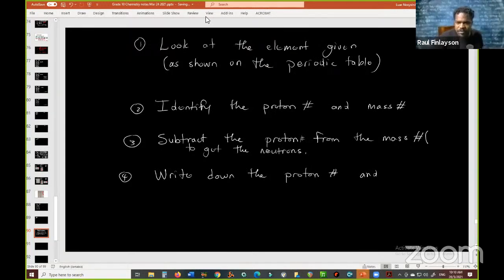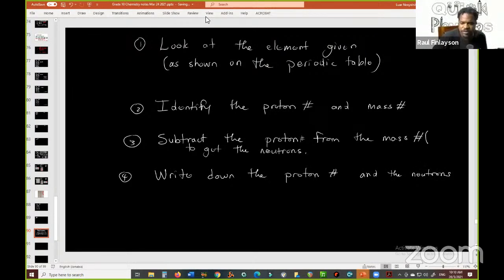So step 3 should read: subtract the proton number from the mass number to get the neutrons. Write down the proton number and the neutrons. That's step 4.